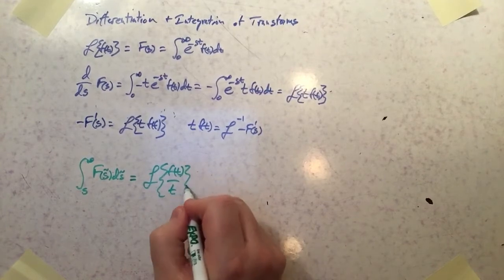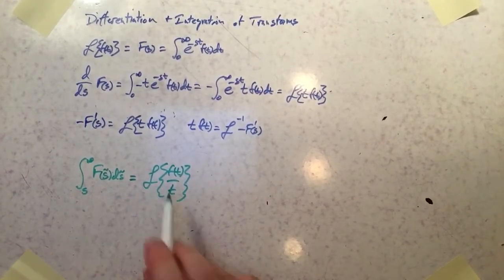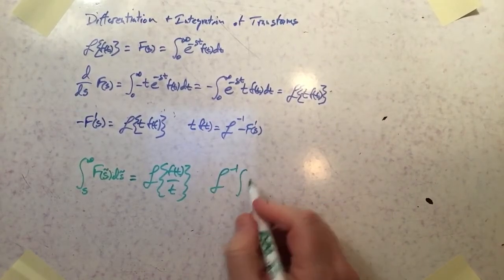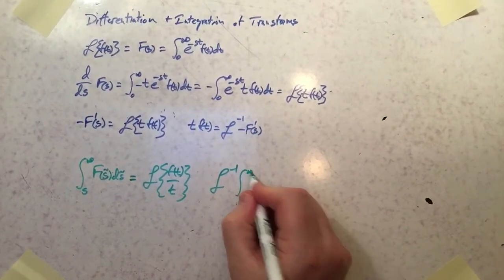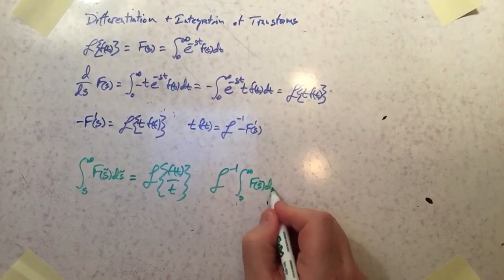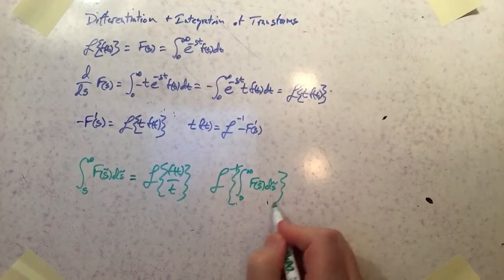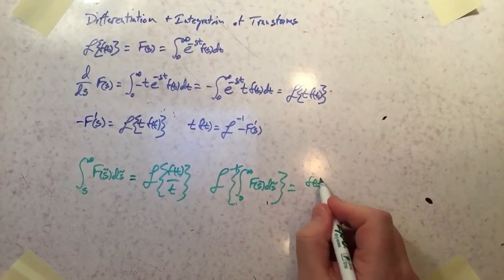And again, if you want to look at the derivations for these, be my guest. The flip side of this is also true. The inverse Laplace transform of this integral from s to infinity of F(s tilde) ds tilde, brackets around this, and that of course is equal to f(t) over t.